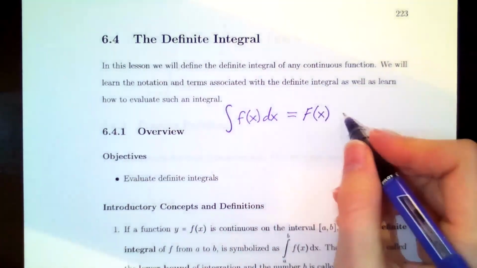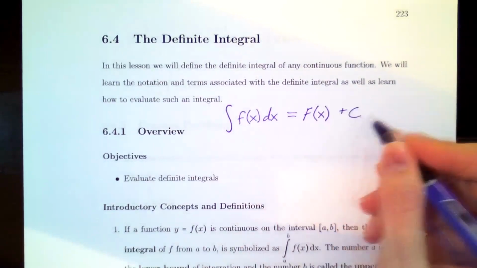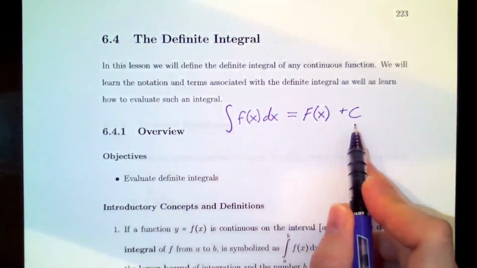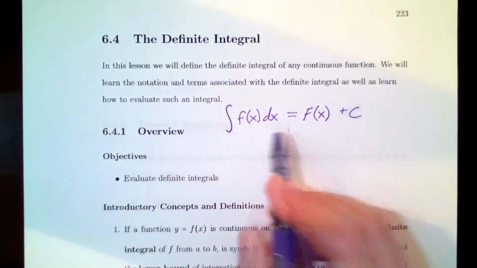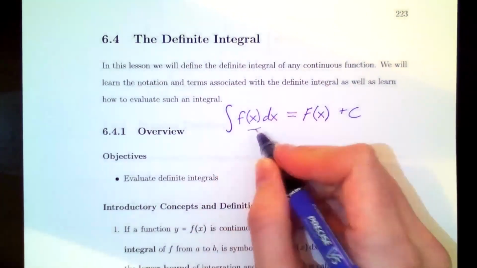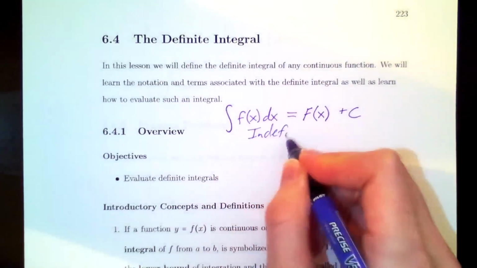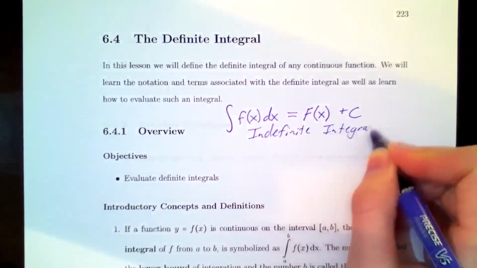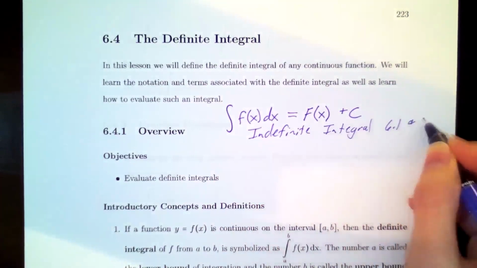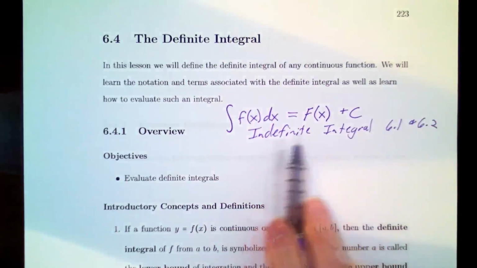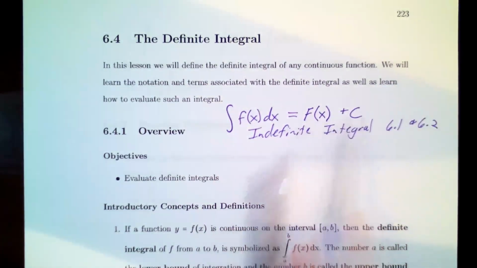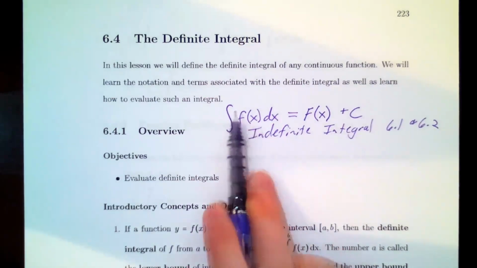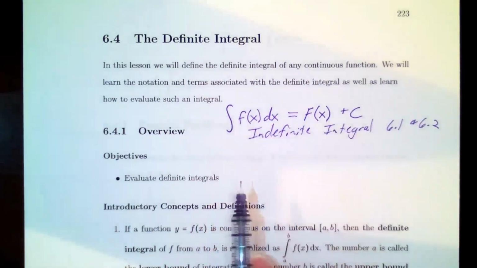Now, when you integrate, we always have a plus c on the end of these types of indefinite integrals. So the result of an indefinite integral from section 6.1 and 6.2 was that you had a function as a result plus a constant. The result of integrating an indefinite integral is a function.